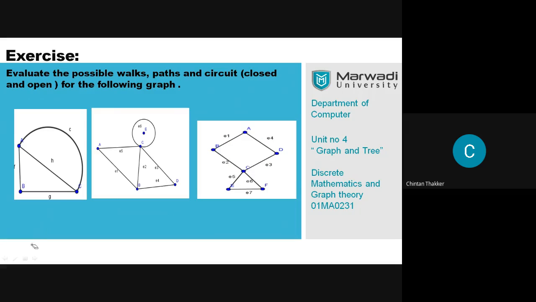Then in the previous slide, the last graph here is also an Euler graph because we can find a closed walk from A to A: A, E1, B, E2, C, E5, E, E7, F, E6, C, E3, D, E4, A. This is a closed walk from A to A which contains all the edges of the graph. So it is called an Euler graph.